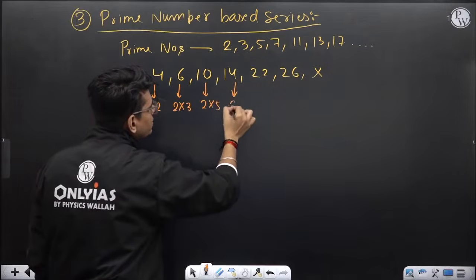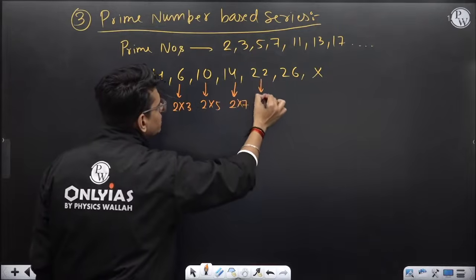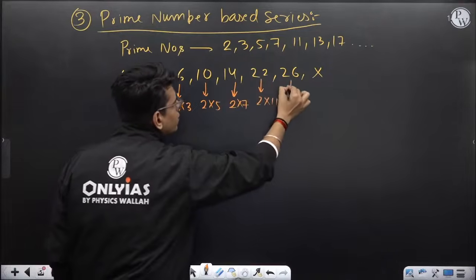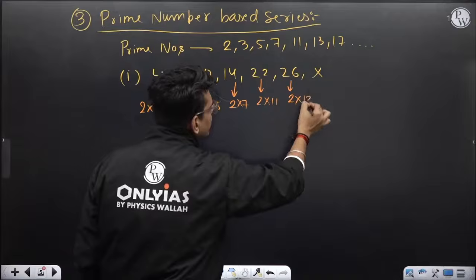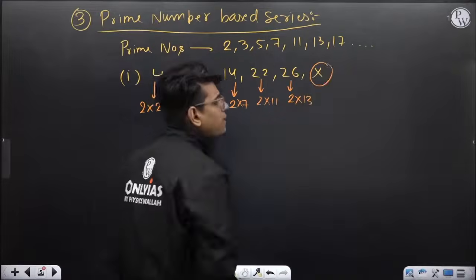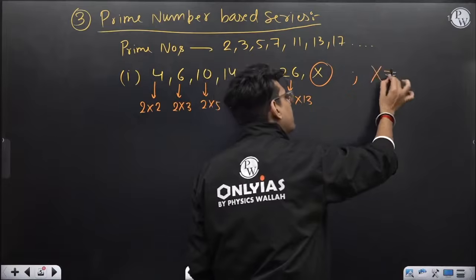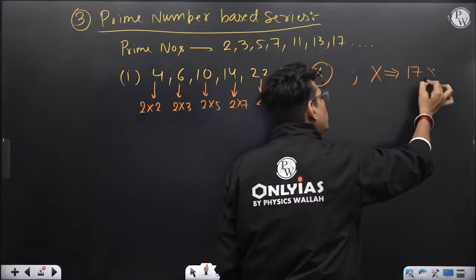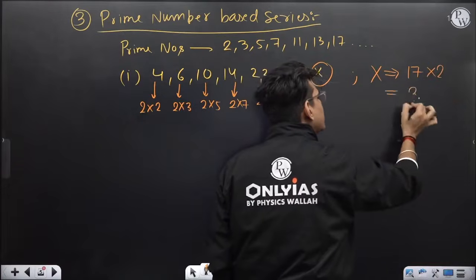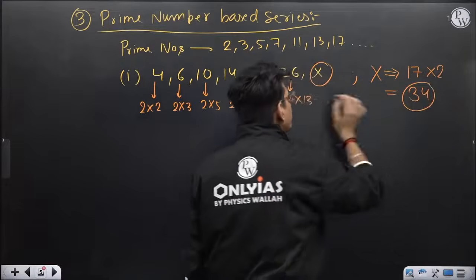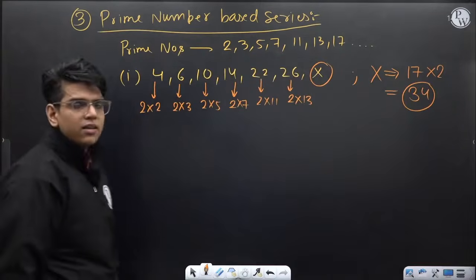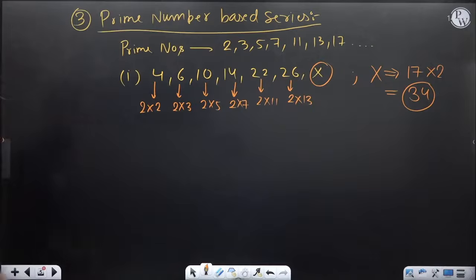Similarly, 14 is nothing but 2 into 7, 22 is 2 into 11, and 26 is 2 into 13. So x will be what? The next prime number in the series is 17, so x will be 17 into 2. So x will be nothing but 34. So in this series, x will be 34.